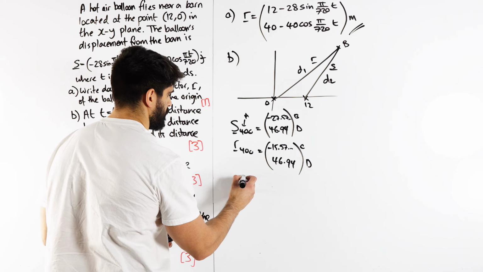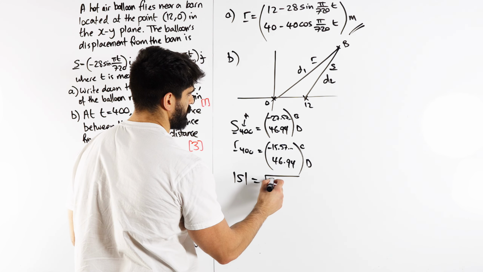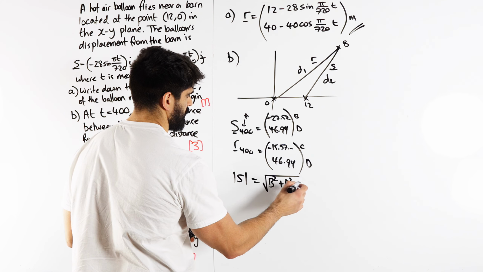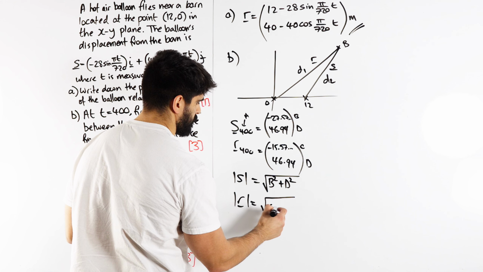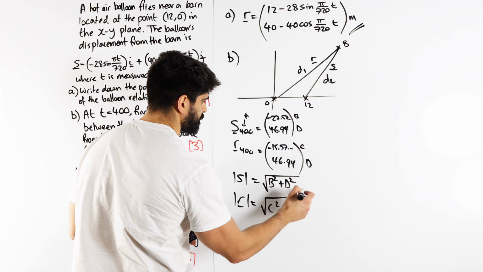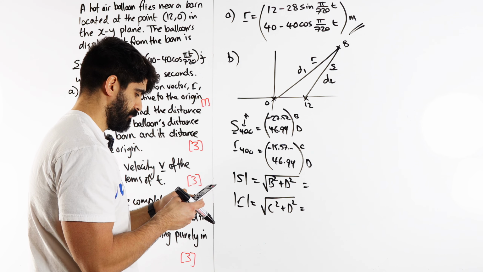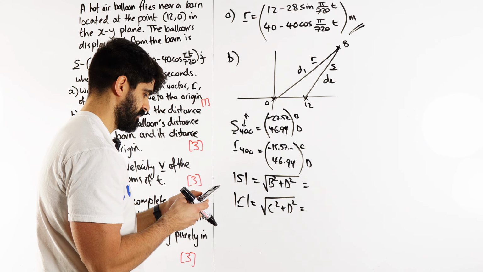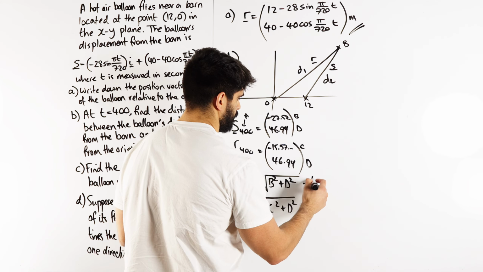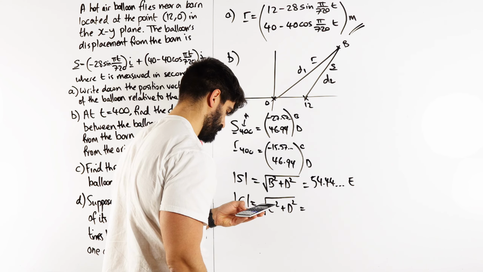So you've got modulus of s, which is root B squared plus D squared, and modulus r, which is root C squared plus D squared. So root of B squared plus D squared is 54.44. I'm going to store that as E.